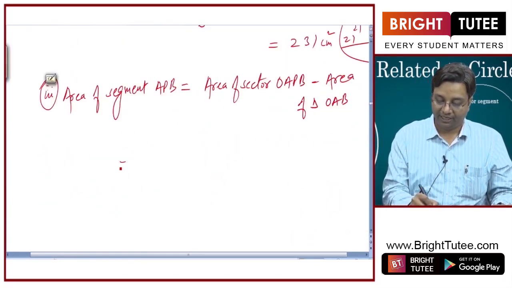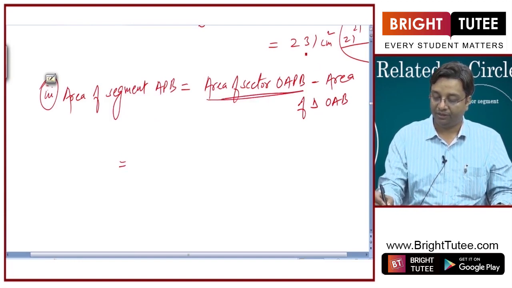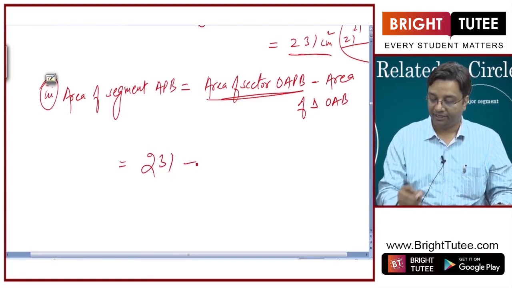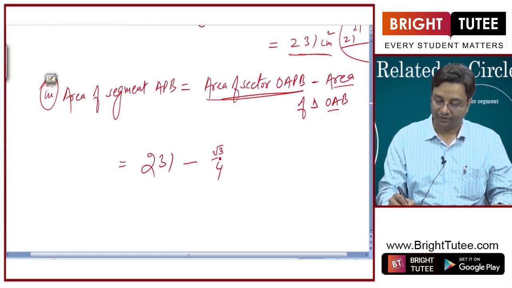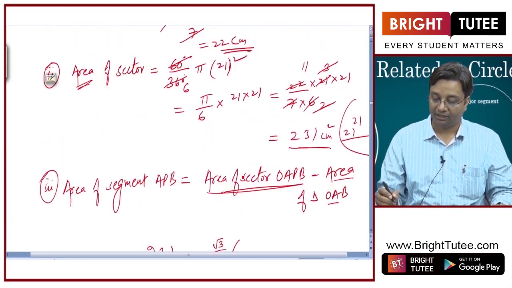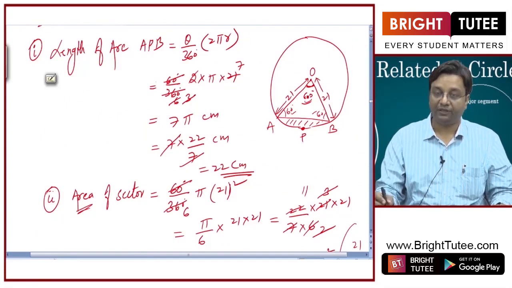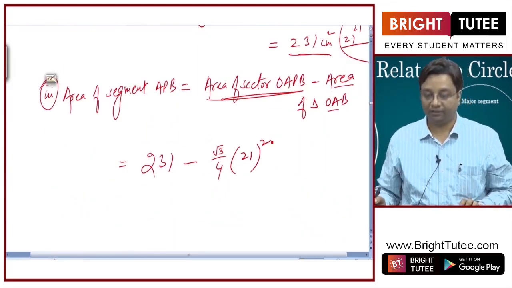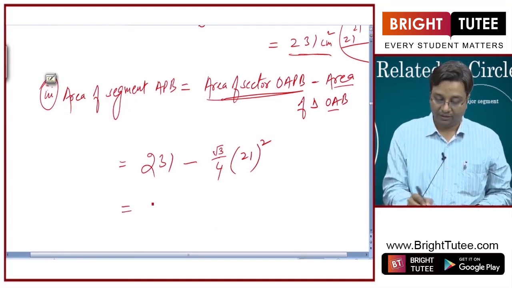So area of segment APB is area of sector OAPB, which is 231 centimeter square, minus area of triangle OAB, which is √3/4 side squared. What is the side here? It is 21. All the three sides are equal, right?